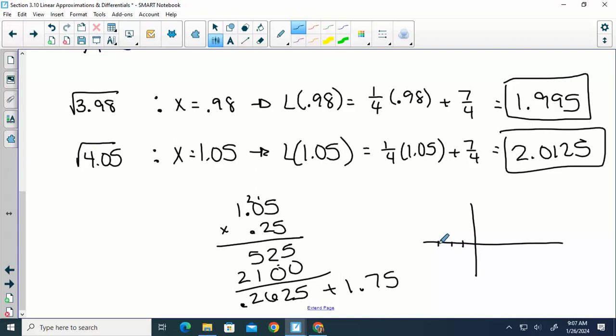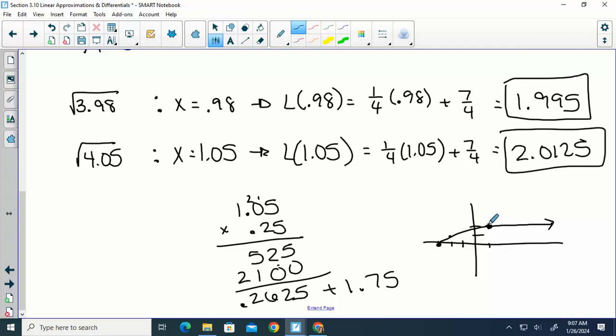If you put in a -3, you get square root of 0, which is 0. If you put in -2, you get square root of 1, which is 1. If you put in a 1, you would get square root of 4, which is 2. So it just looks like this. So if you drew that tangent line, would it be above or below this graph?